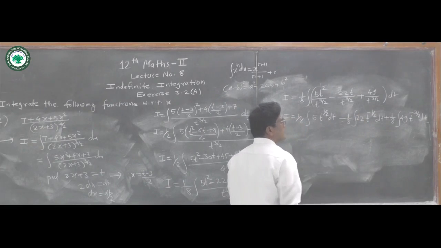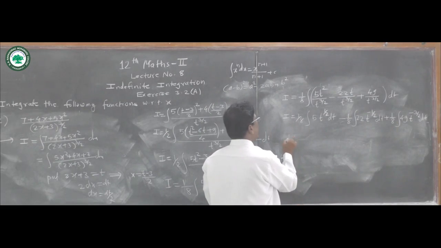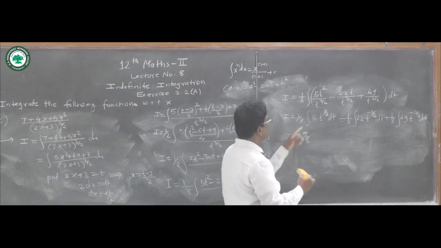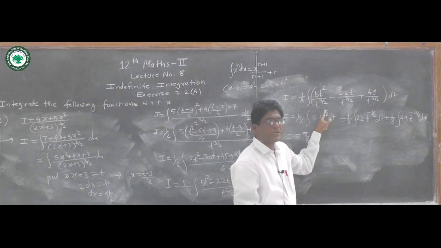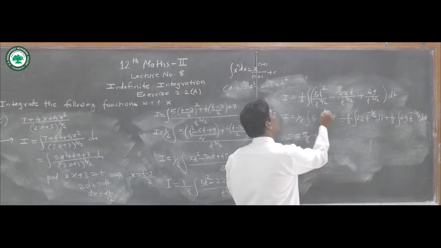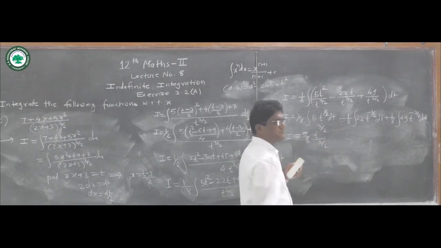And now we get, take this 5 outside the integral which is constant, here also 22 take outside the integral, here this constant take outside the integral, we get I is equal to 5 upon 8. And now take directly integration of t to the power half. We increase the power by 1, so 1 half plus 1, that is 3 by 2, divided by 3 by 2.